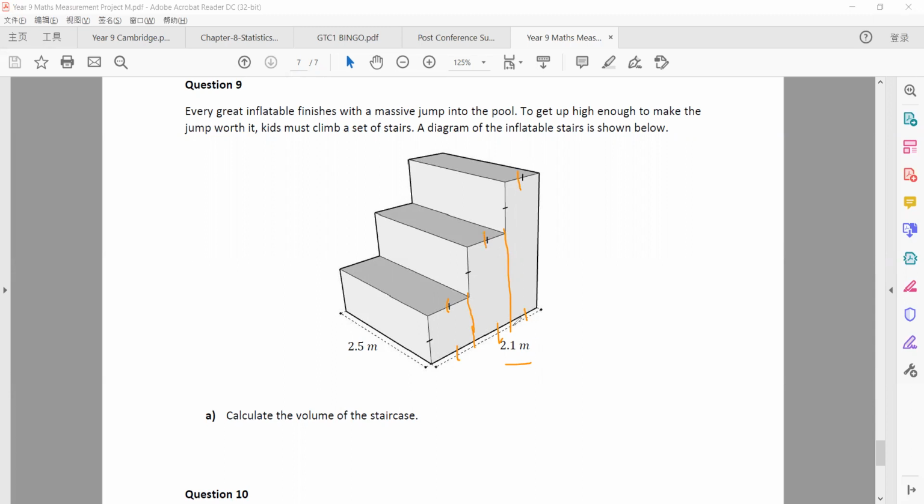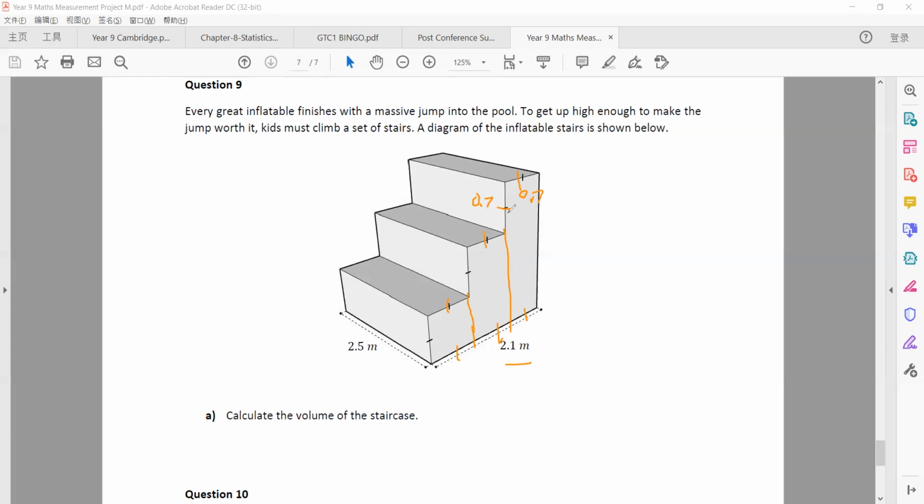So 2.1 divided by 3 is the length of this one, which is 0.7. I just write 0.7 here. And for the height, it's the same, so the height of this one is 0.7 as well.